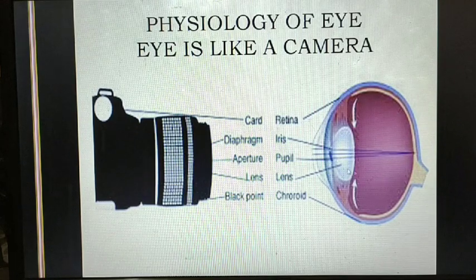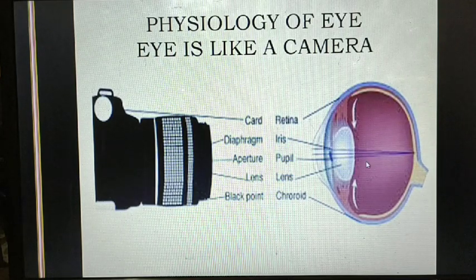So here we can see two humors, aqueous humor, which is watery in nature, and it is present at the anterior part of the eye between the cornea and the lens, and the vitreous humor, which is present at the posterior part of the eye, which contains the fluid which is gel-like in nature.